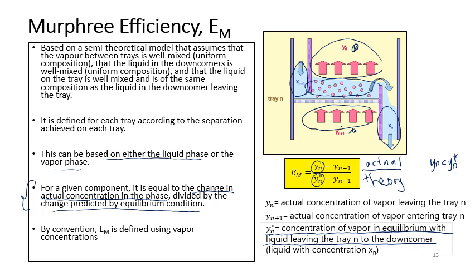By convention, EM is defined using vapor concentration. That's why in this definition I'm using Y instead of X, because we are referring to EM based on the vapor phase. So we are just looking at the Y instead of X.